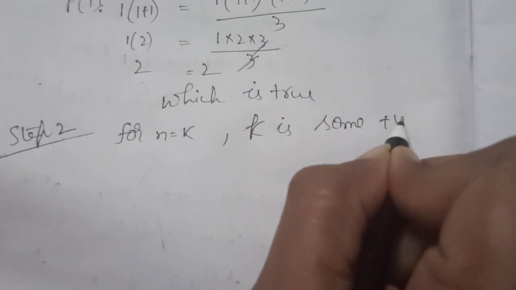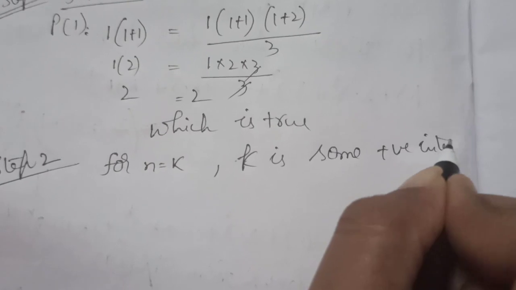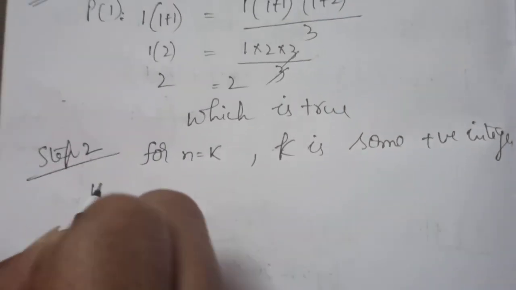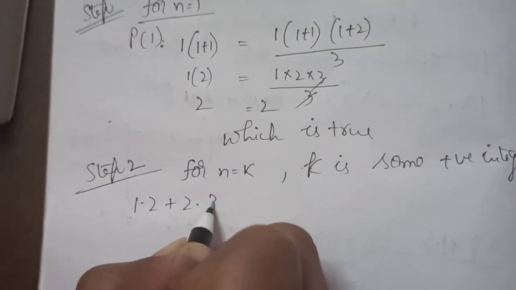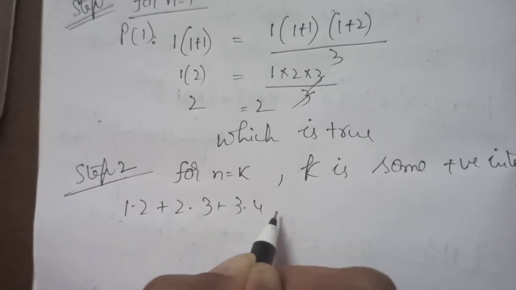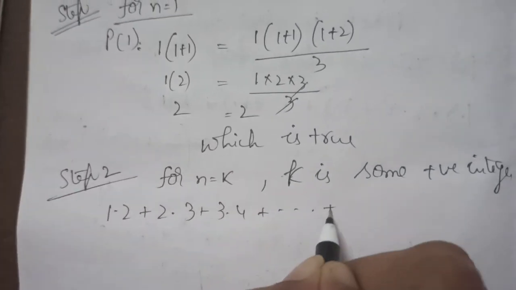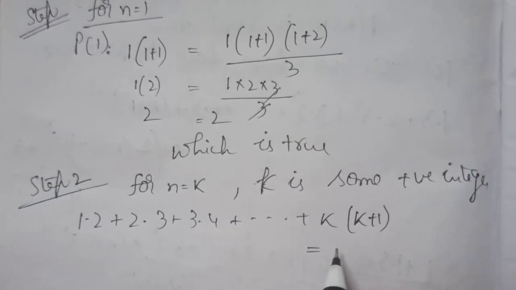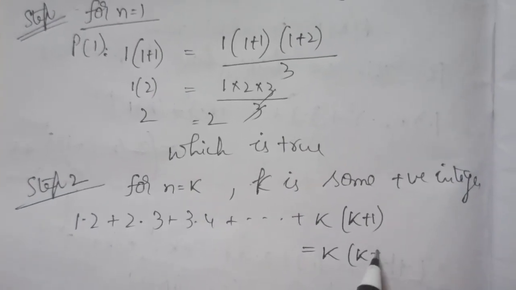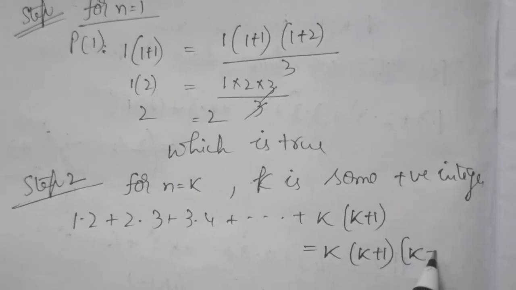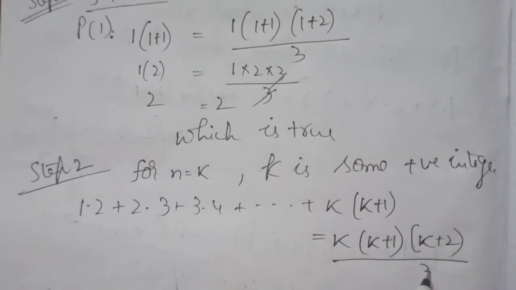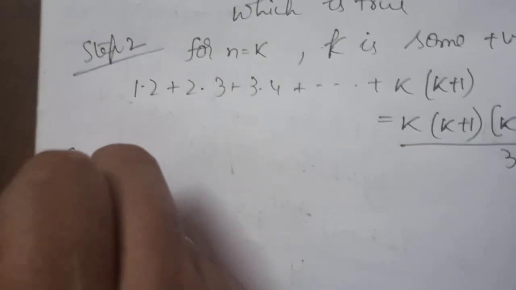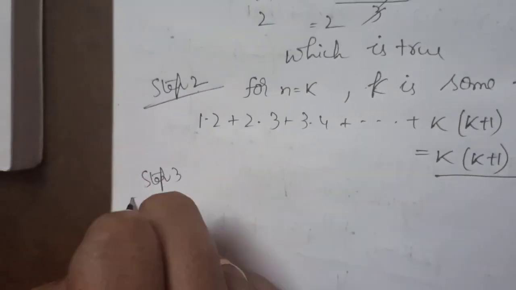Okay, so in this step nothing to do. Simply in place of n you will replace it as k. So up to here k into k plus 1 which is equal to k into k plus 1 into k plus 2 divided by 3. Okay, in your step 3, what you are going to do? In your step 3, you need to prove.